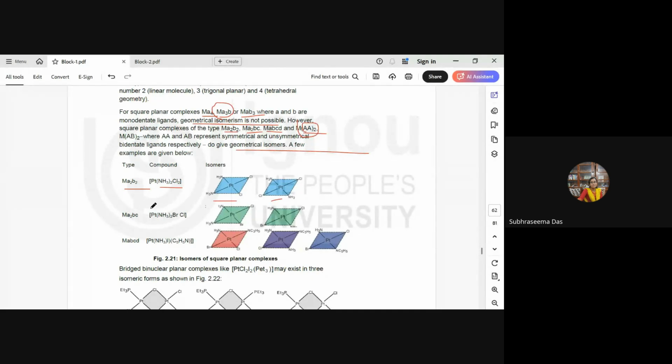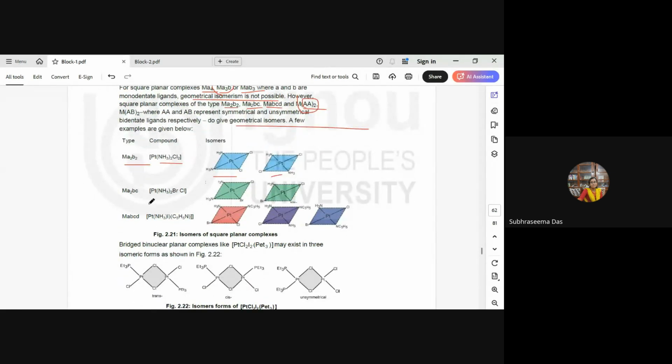Again, we will consider a square planar complex of the type MA2BC. Here three different types of ligands are present, A, B and C. A indicates ammonia, B indicates bromine and C indicates chlorine, and A2 means ammonia is present in two numbers. Even for such complexes, cis and trans isomers are possible.